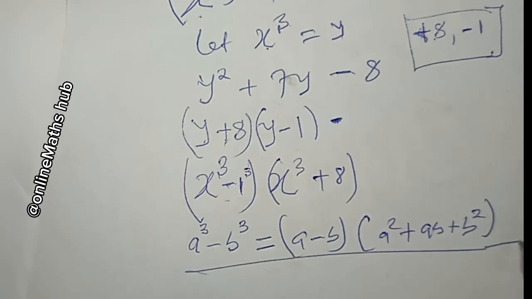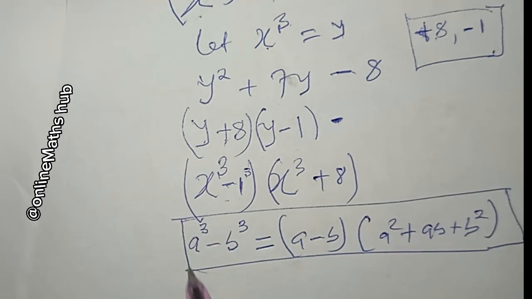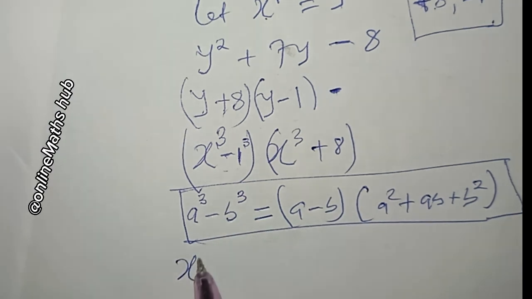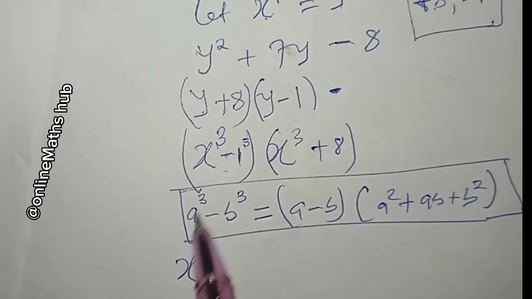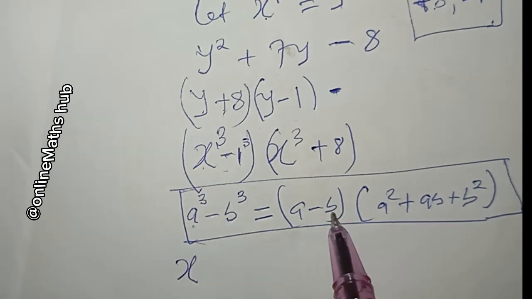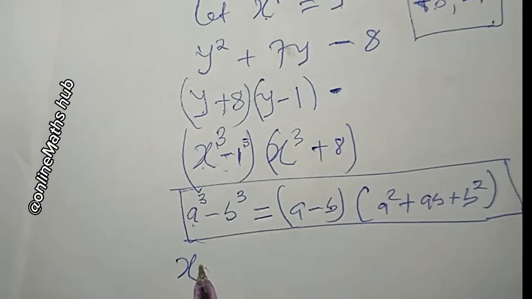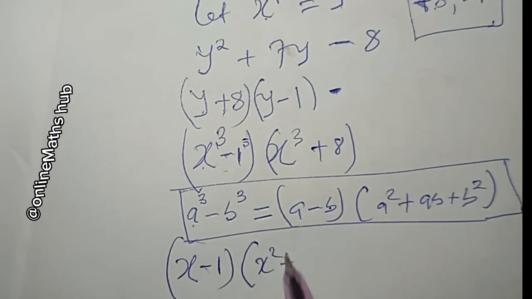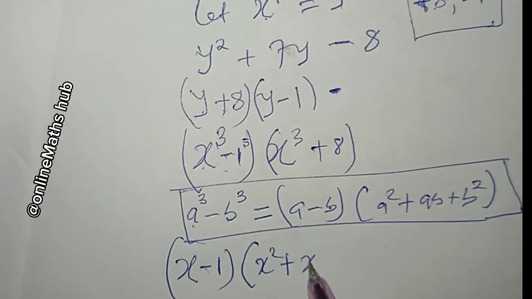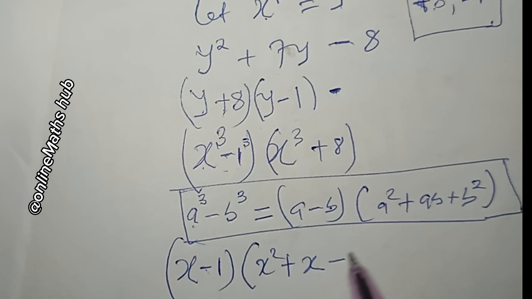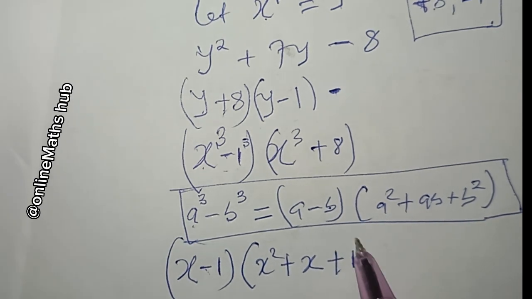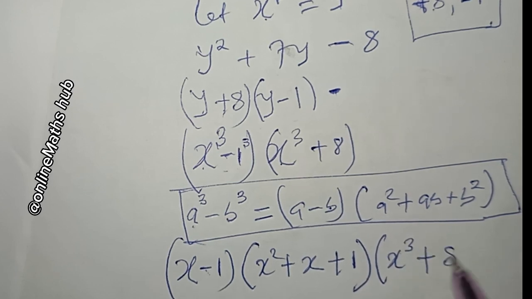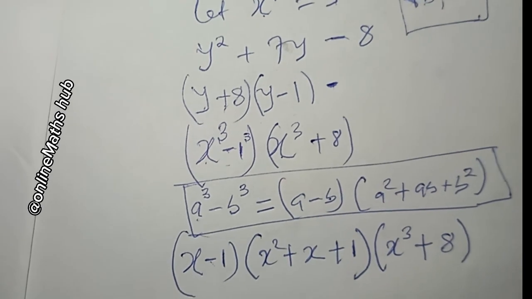I'm going to use this to simplify the first bracket, where a is x and b is 1. So I have x minus 1, and then x squared plus x times 1 is x, plus 1 squared which is 1.